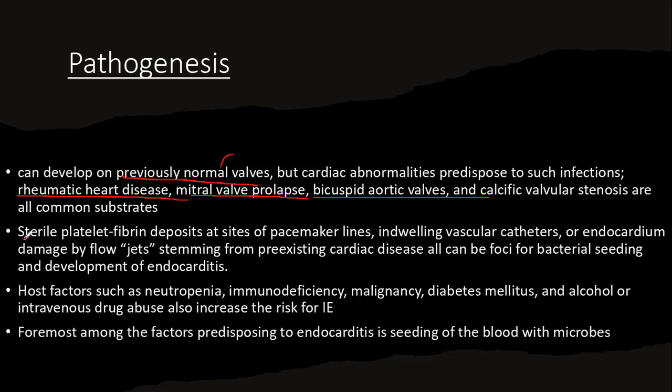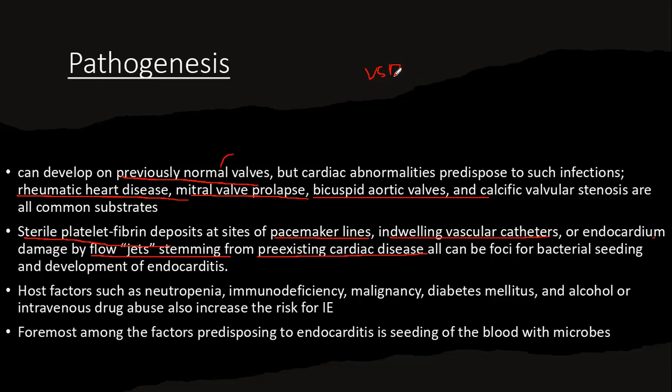Also, sterile platelet fibrin deposits, which are found at the sites of pacemaker lines, indwelling vascular catheters, or at endocardium damage sites, which can be due to flow jets stemming from pre-existing cardiac diseases such as a VSD.